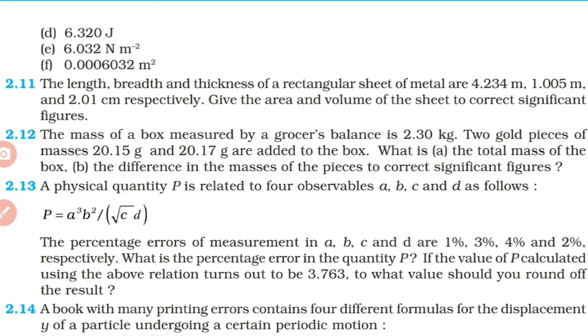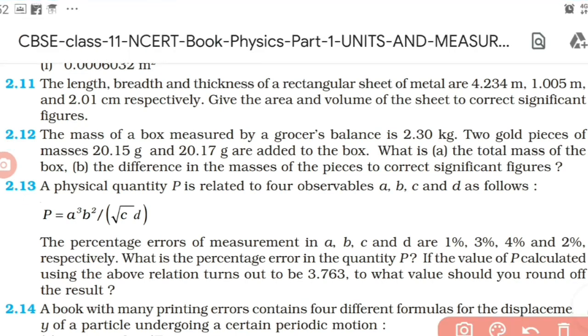Two gold pieces of masses 20.15 gram and 20.17 gram are added to the box. What is (a) the total mass of the box, (b) the difference in masses of the pieces, to correct significant figures. So don't forget to correct this, it is 2.3.